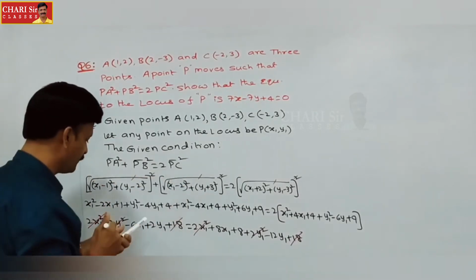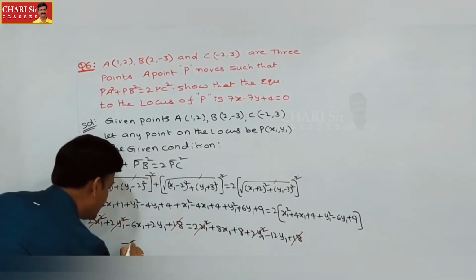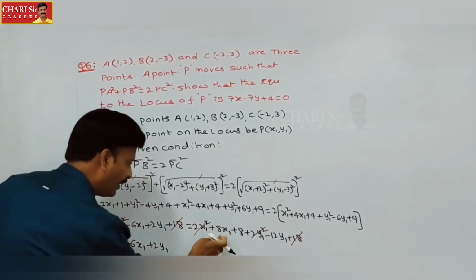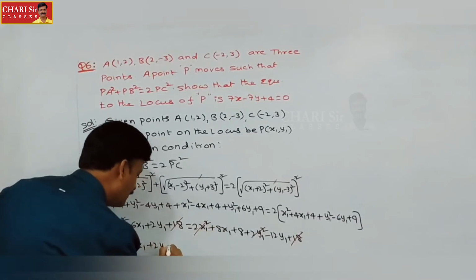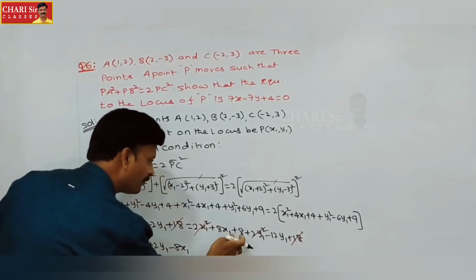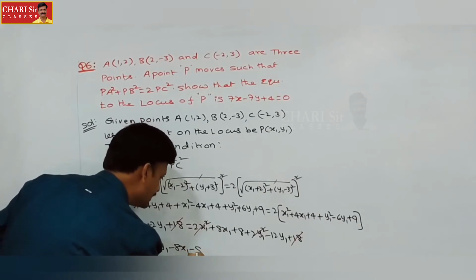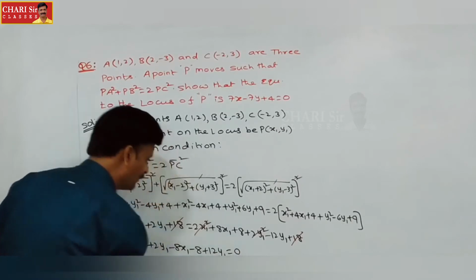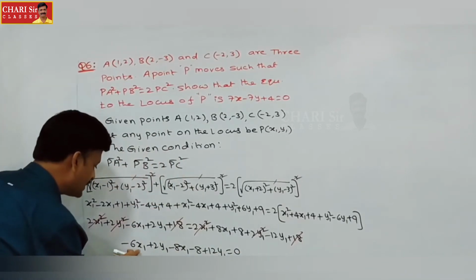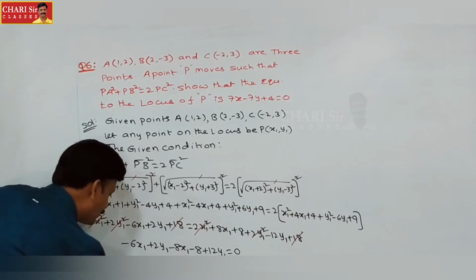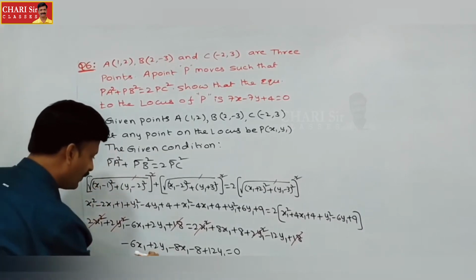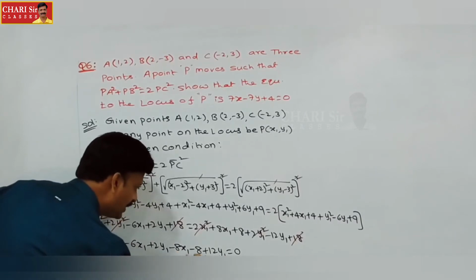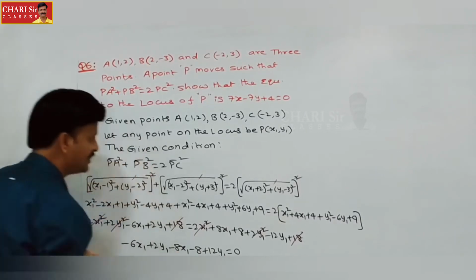Now the remaining terms we will write together. That becomes minus 6x1 plus 2y1, okay, minus 8x1, plus 8x1 we take to the left hand side, that becomes minus 8x1, 8 you take inside, minus 8, minus 12y1 you take inside, plus 12y1, equal to 0. Now simplify: minus 6x1 minus 8x1 is minus 14x1, 2y1 plus 12y1 is 14y1, minus 8 equal to 0.